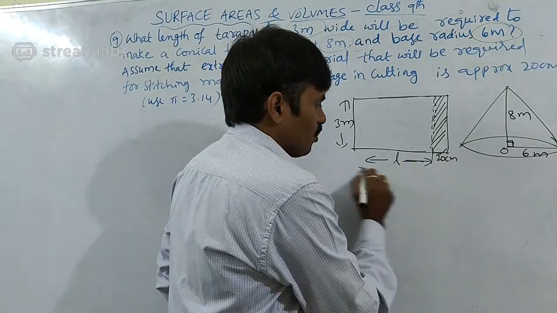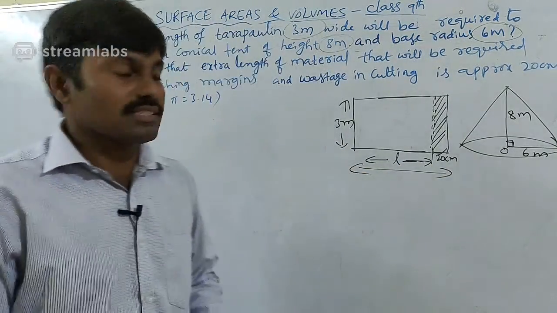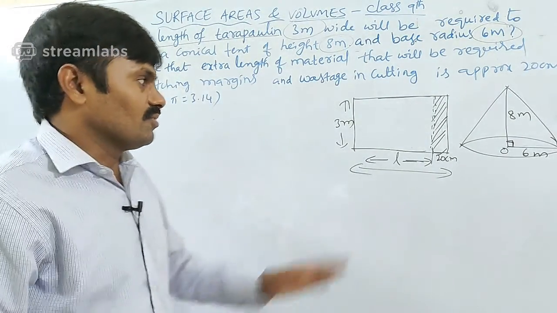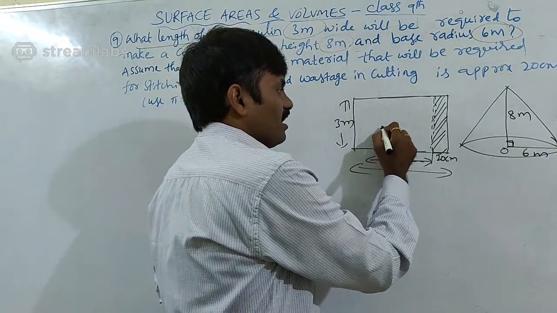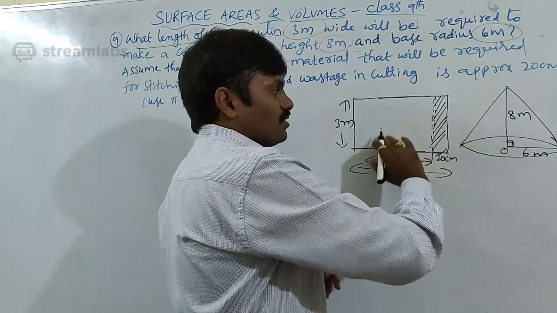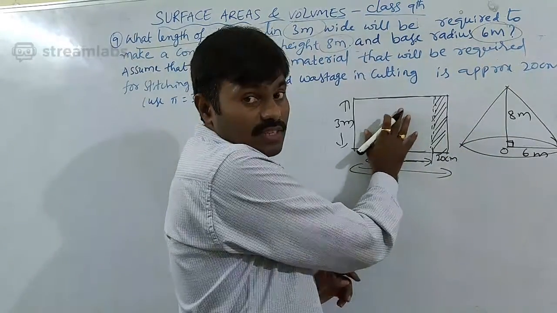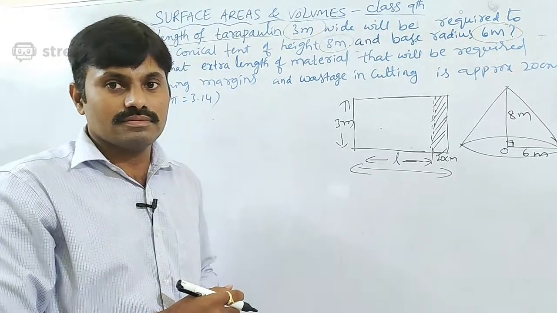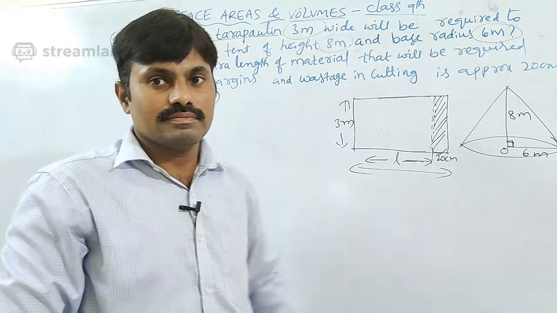Now they ask us to find the total length of the tarpaulin. Can you guess how the area of this part relates to the conical tent?